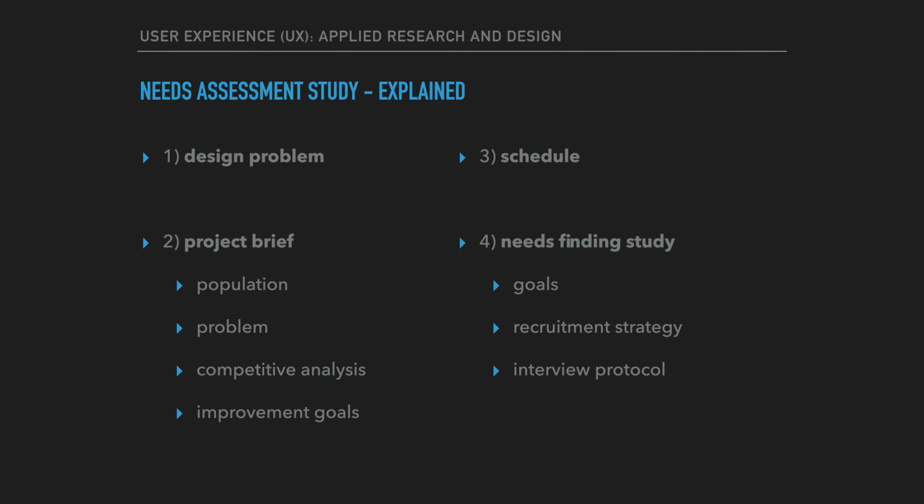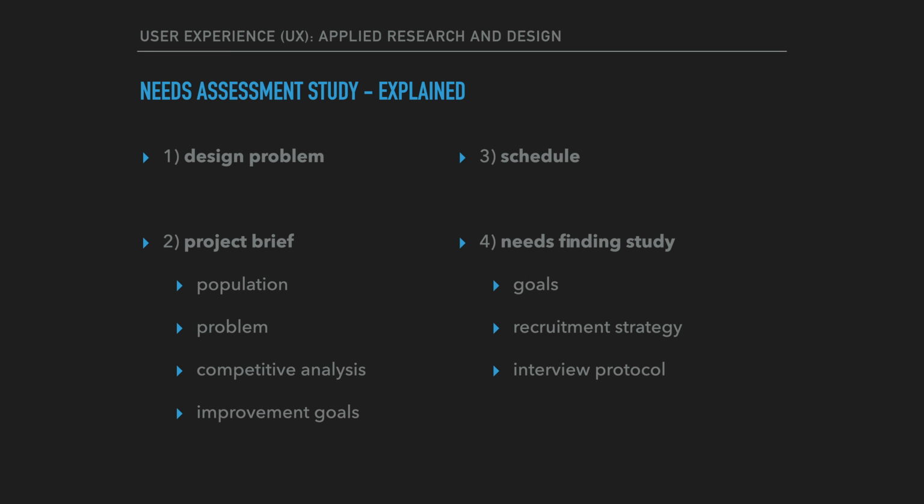To summarize, as part of phase 1 of a user experience applied research and design project: First, the scope and design problem are explained. Second, the project brief defines certain metrics, such as population. Informal interviews can be used to help find the specific users. Problem: what user needs will be addressed, what activities will be pursued.